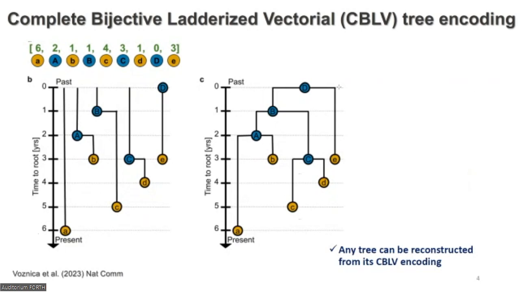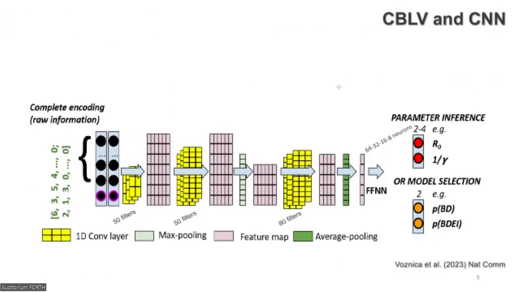So it contains the information of the tree. For both of those two papers, they use this encoding or a similar version of it with a convolutional neural network with this architecture here.